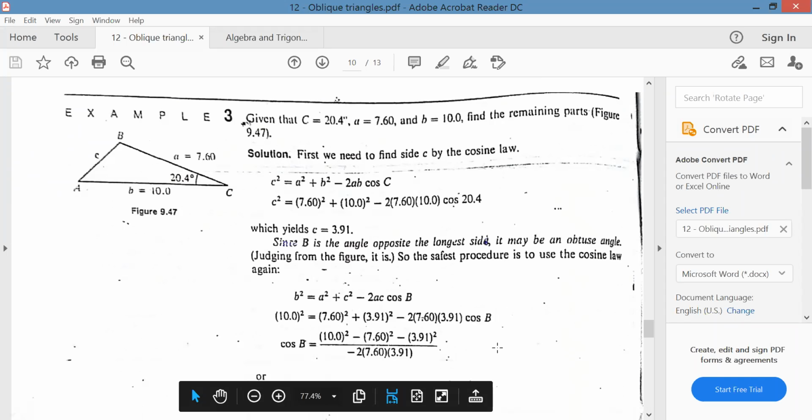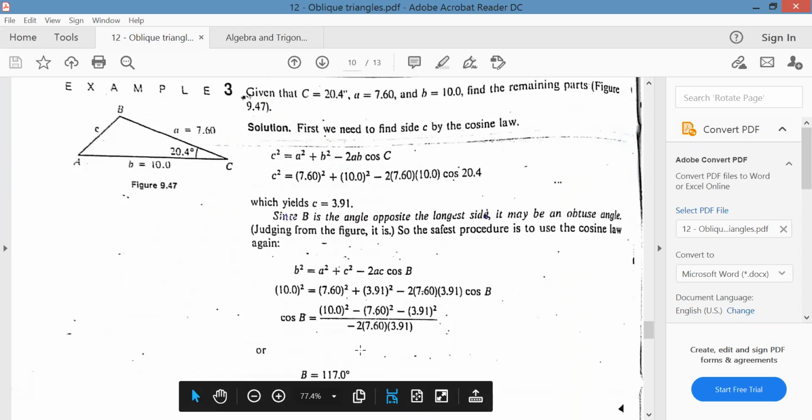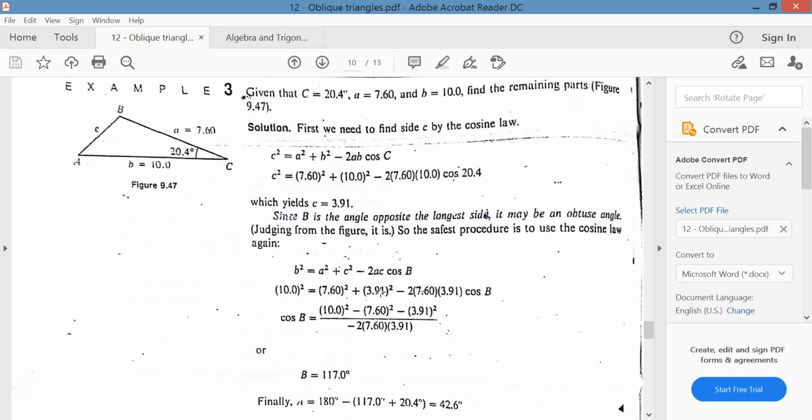Now how to solve for cos B, the style of the author is: you shuffle this first term to the other side, it will become with minus sign. Shuffle the second term to the left hand side, again it will be with minus sign. And the coefficient of cos B is this much. Look at my cursor. This much is the coefficient of cos B, because it's a multiple with cos B, so you have to divide on the other side.